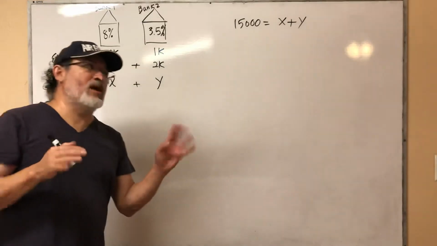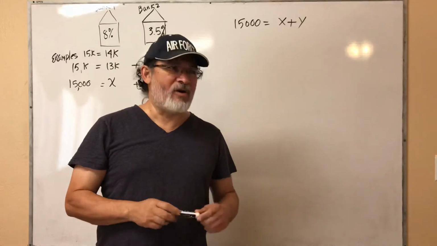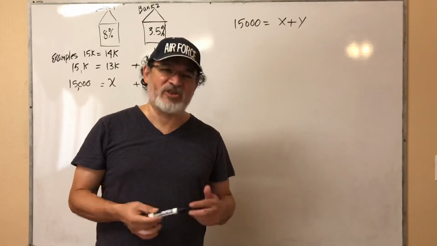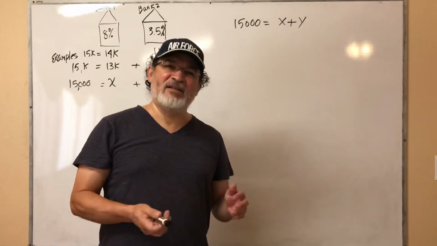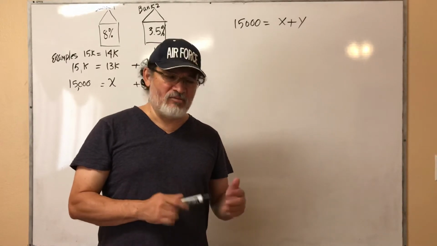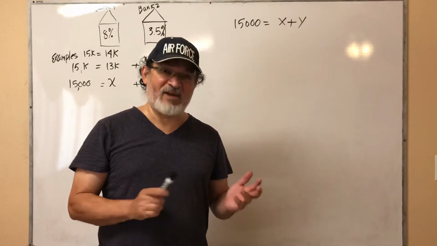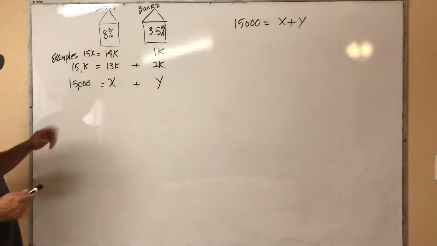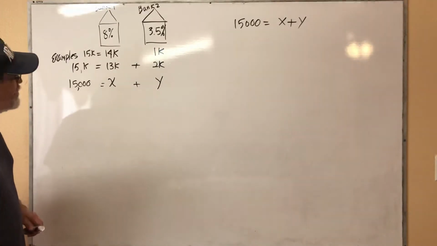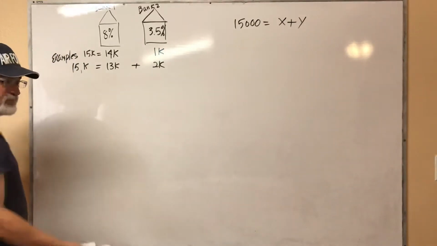obviously when you invest your money, you're gonna earn interest. Well, how do you find the interest earned? To find the interest earned, you multiply the interest times the amount invested. Okay. So these are examples. We got this equation.